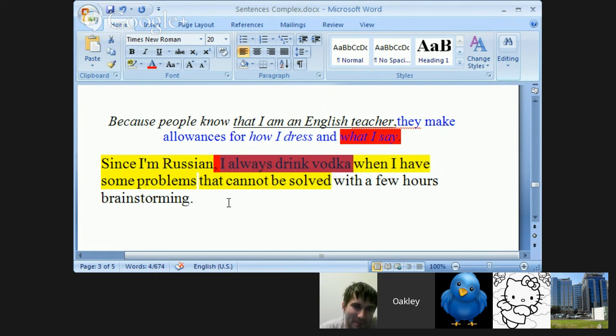How many dependent clauses? Three. Okay, let's count. One, since I'm Russian. Two, when I have some problems. Three, that cannot be solved. And then with a few hours brainstorming, that's a prepositional phrase.